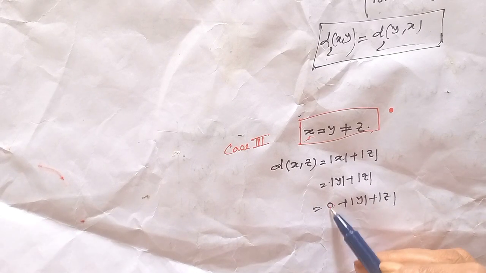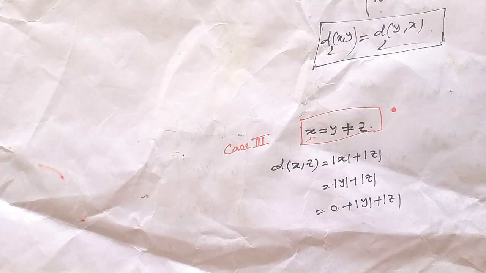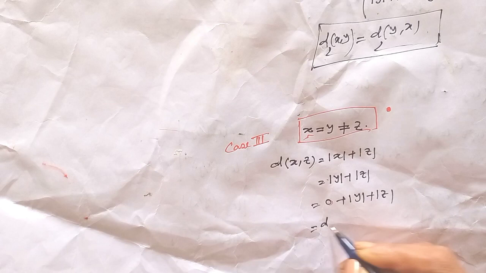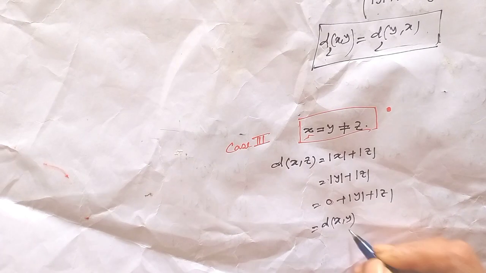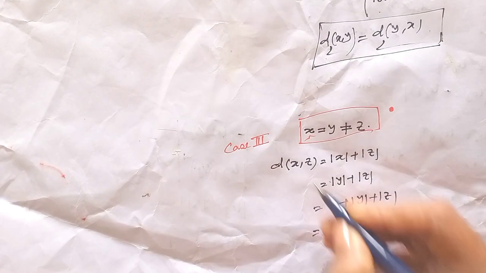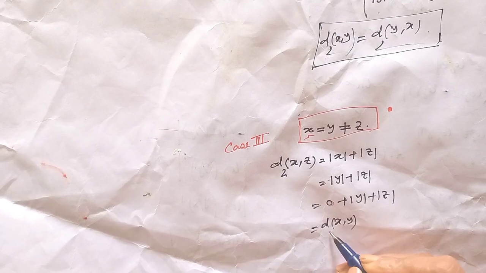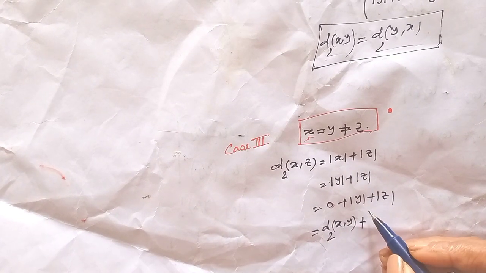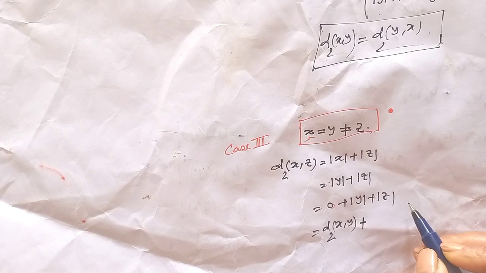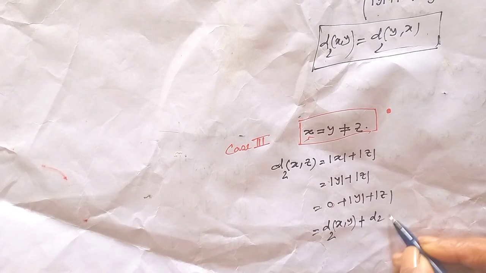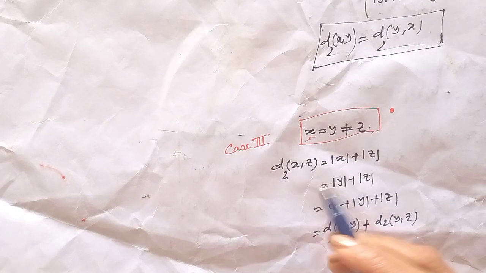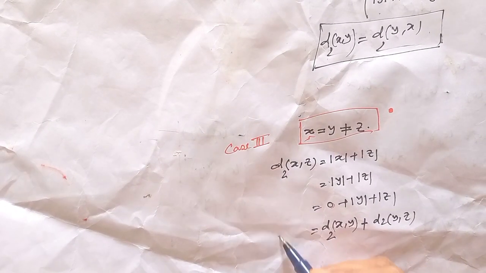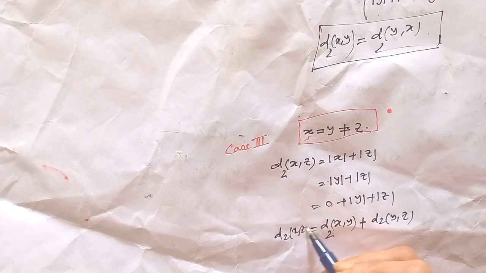Now just add 0, and since x equals y, this is d2(x,y), and |y| + |z| means d2(y,z). Therefore, d2(x,z) equals d2(x,y) + d2(y,z). Okay.